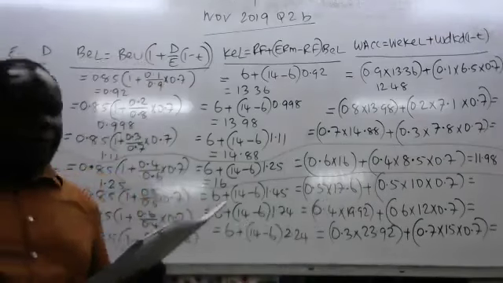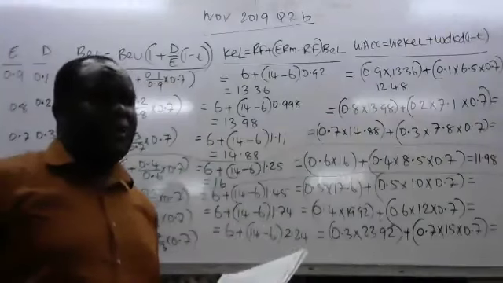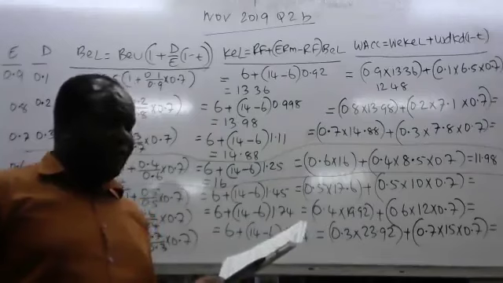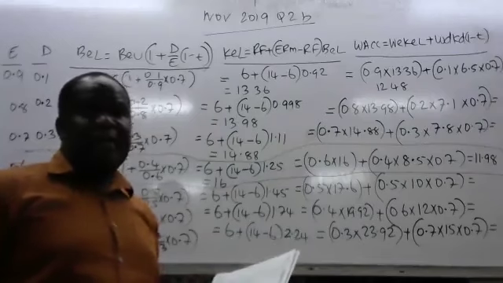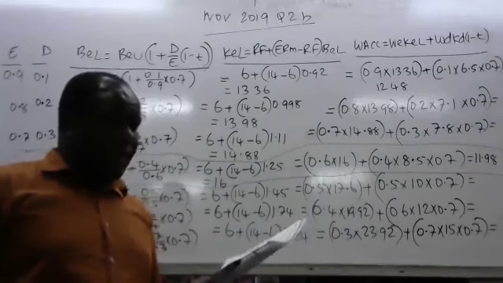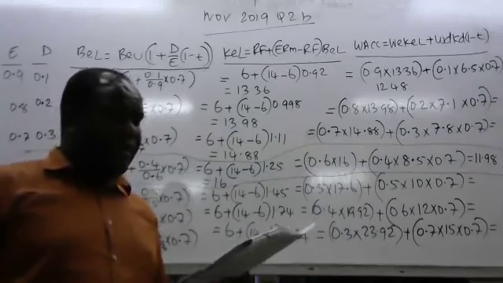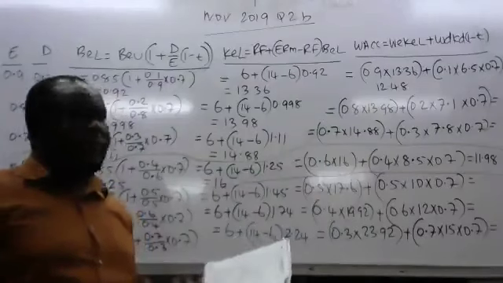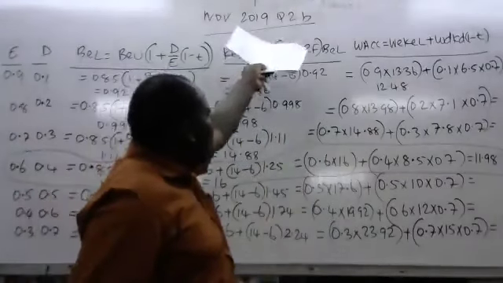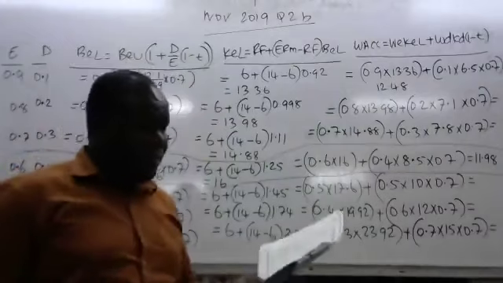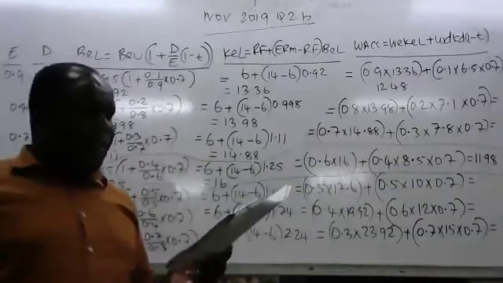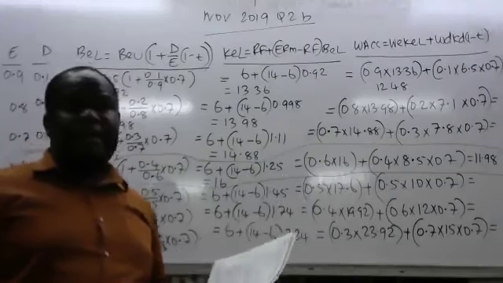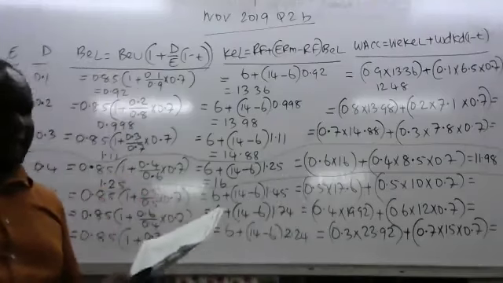So they gave you debt to equity ratio, then bond rating, before tax cost of the debt. Additional information, note number 1, the company will use CAPM to estimate the cost of capital, to get the cost of equity. Then, note number 2, risk-free rate of return is given as 5%.